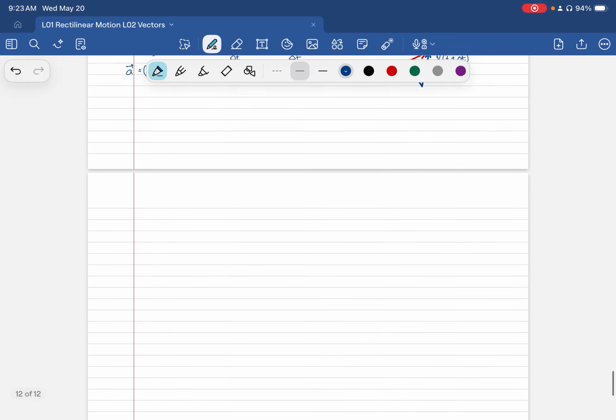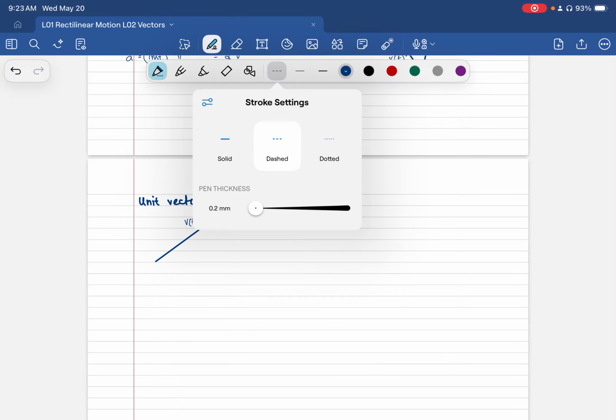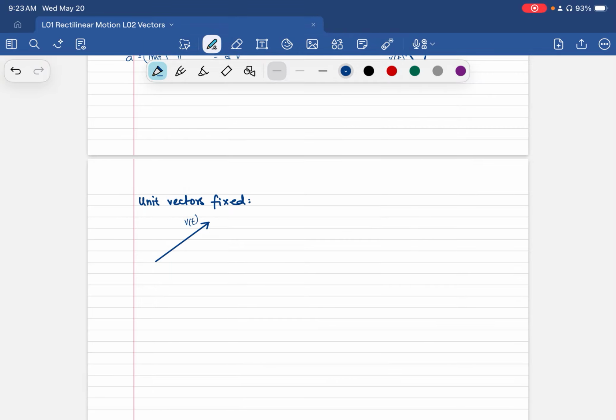If we have the case where, let's say, unit vectors remain fixed. So we're just going to do this for velocity, for example. We could do the same thing for position vectors as well. But you have velocity as v of t, and this here has components along the x, y, and z.